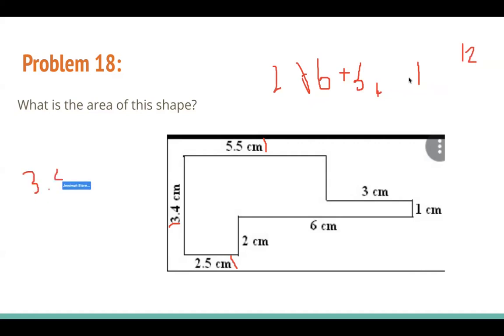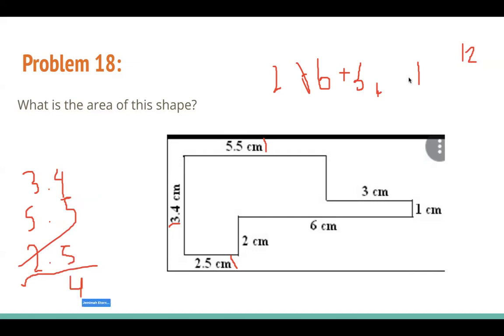3.4 centimeters. So you're 5 just here. No dot. 5 centimeters. Then you have 2.5 centimeters. Then I also calculate that one. 4 plus 5 is 9. 9 plus 5 is 14.